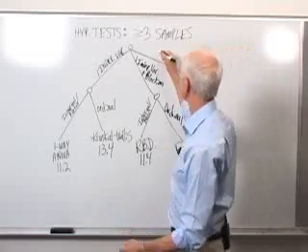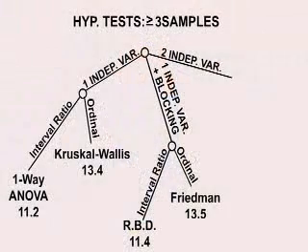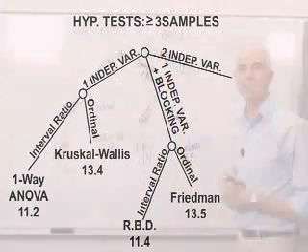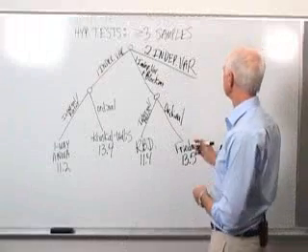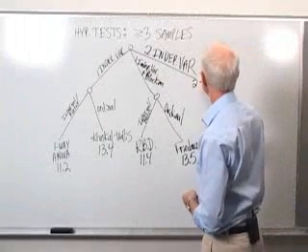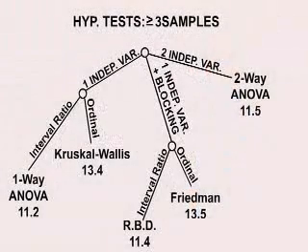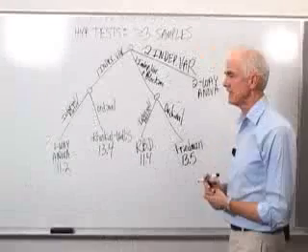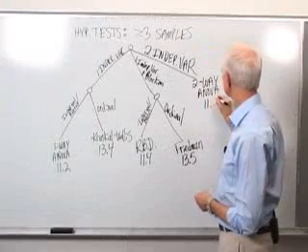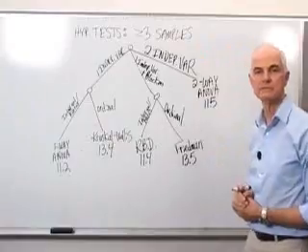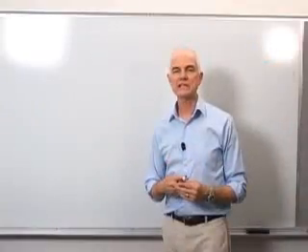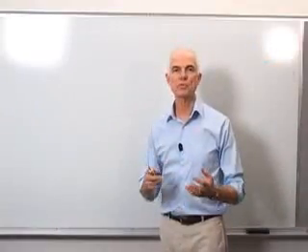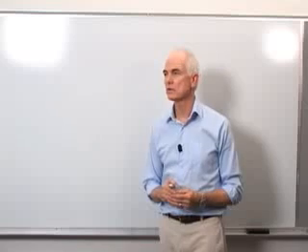Now, suppose you have two independent variables, then the only option we have in our text is a well-known technique known as two-way ANOVA. And two-way ANOVA is presented in the text in section 11.5.